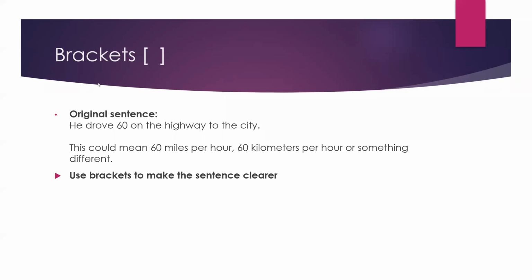Now, I think this here is not necessarily correct because the information needs to be immediately adjacent or immediately after the pertinent thing that you're trying to clarify. 60, that's the vague number, right?